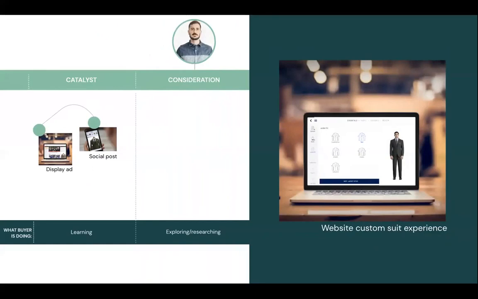And this is where that original custom website idea that Gina had comes into play. So he goes to the website, he can start playing around with fabrics, with styles, with cuts, and start to create his own suit. So again, this is using all the same assets that we created originally in the Threekit platform.